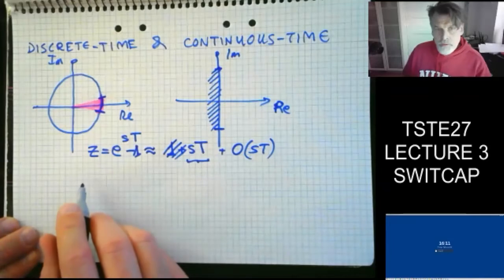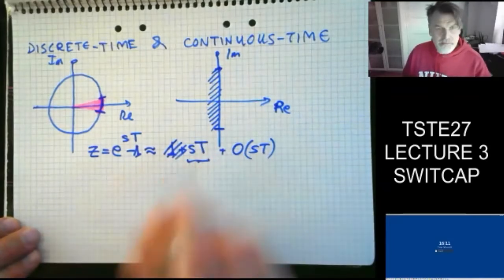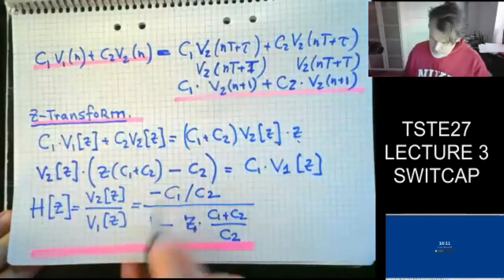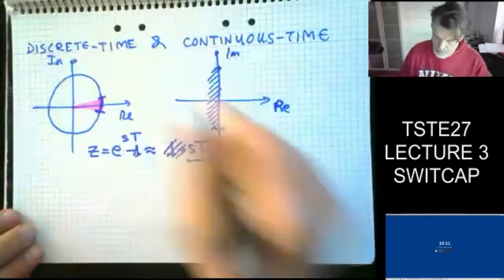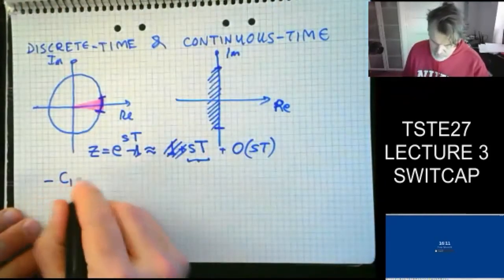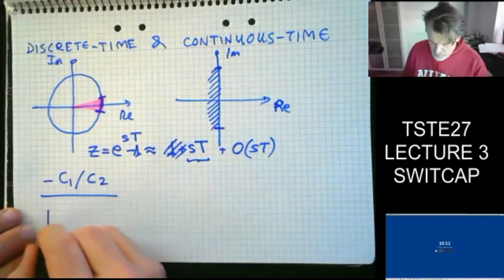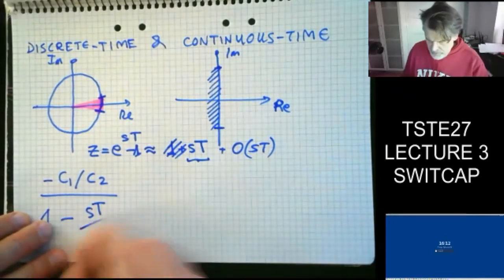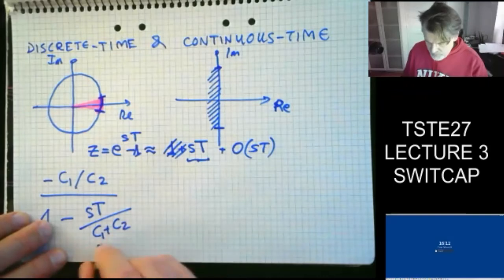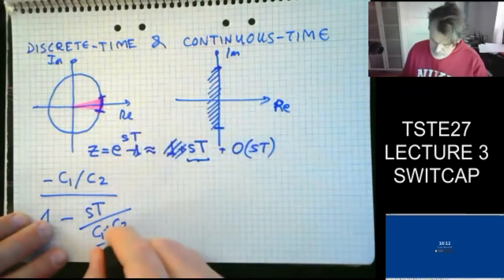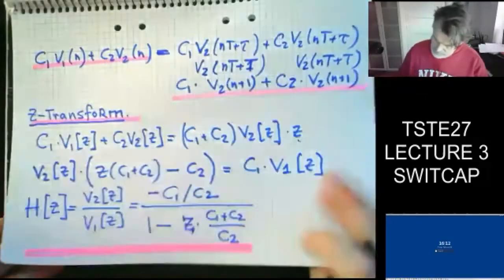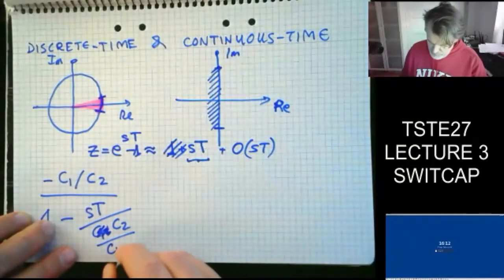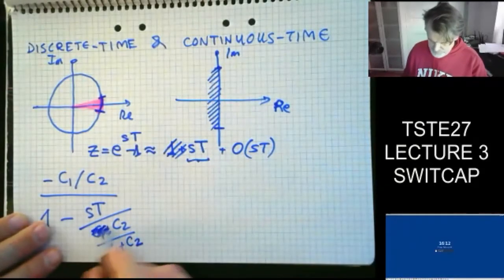Okay, and that implies that I can take my equation, and I have minus C1 divided by C2, 1 minus Z now becomes st, and then I have C2 divided by C1 plus C2, like this.